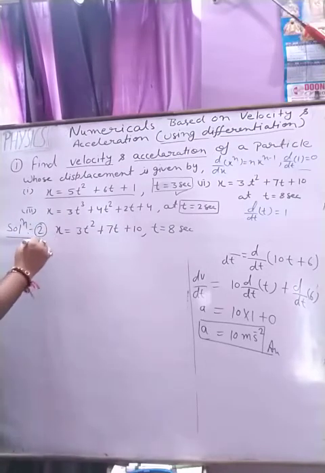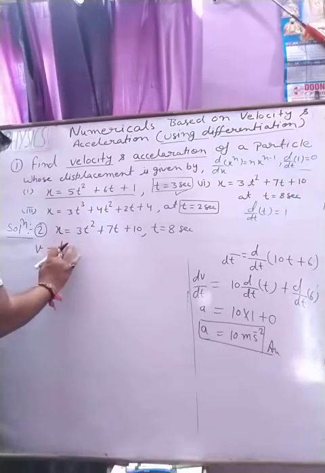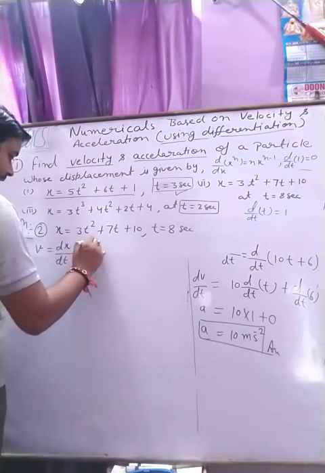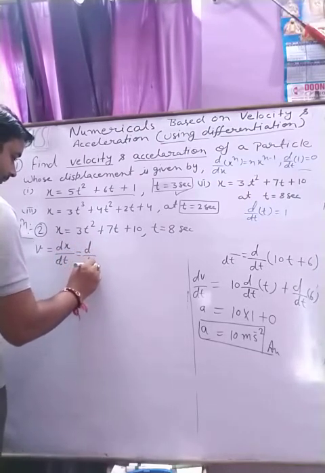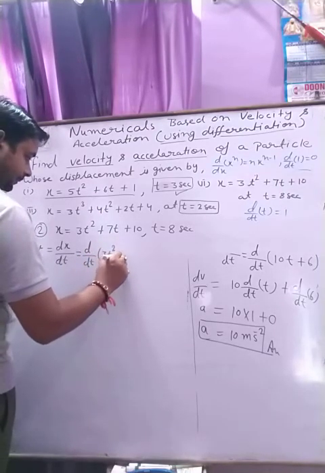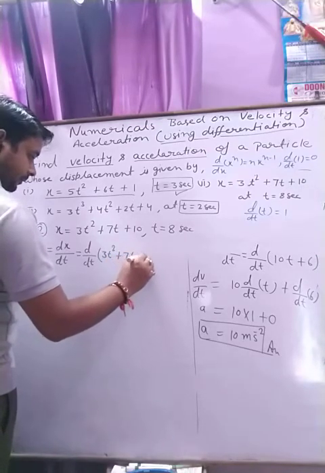So the velocity is dx over dt. On putting the value of x, d over dt of 3t square plus 7t plus 10.